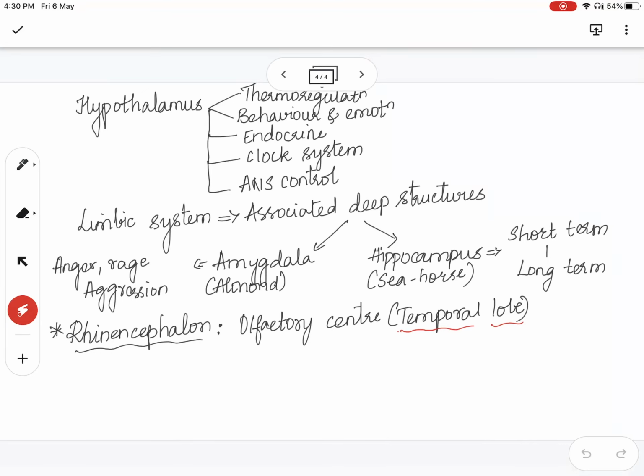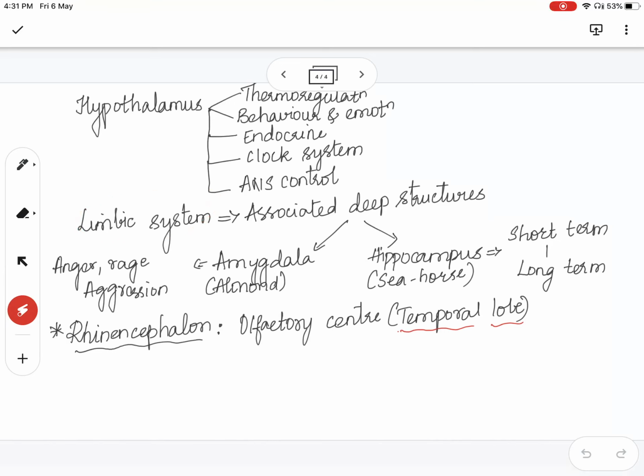So if a question comes like this, the limbic system comprises the amygdala, the hippocampus, and also the hypothalamus. The hypothalamus also looks after limbic work. That means it is involved in sexual behavior or the expression of emotions, like anger, aggression, pleasure, or fear. Along with that, even the conversion of short-term memory to long-term memory. So this is about the limbic system.